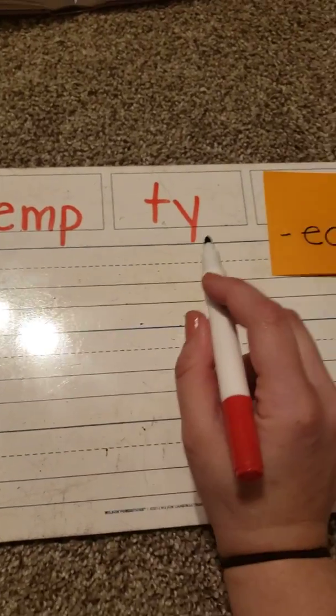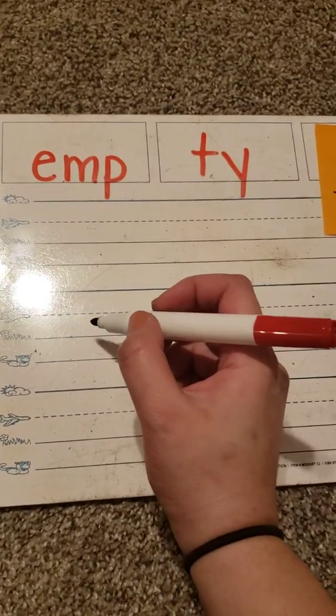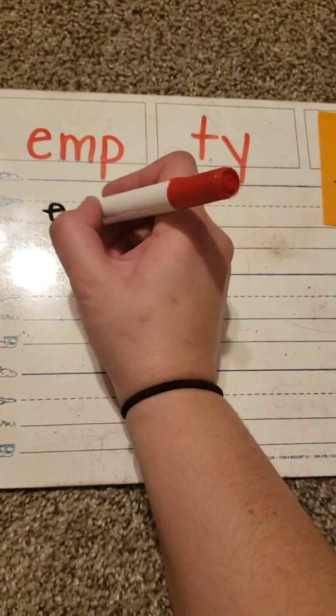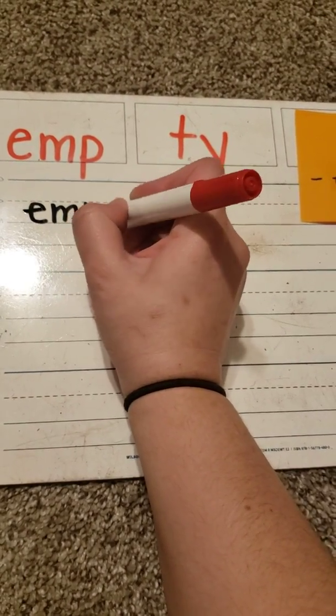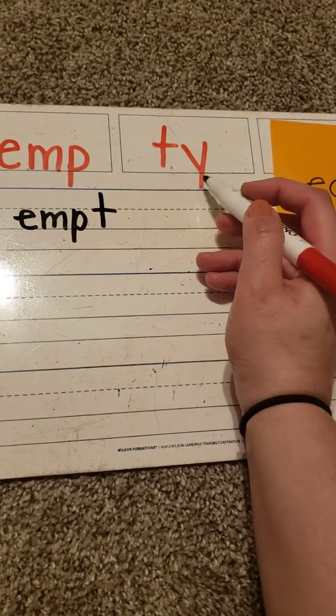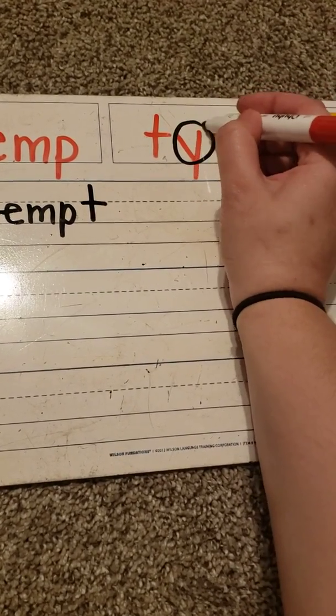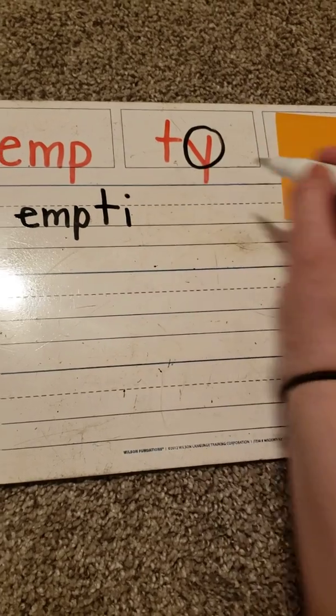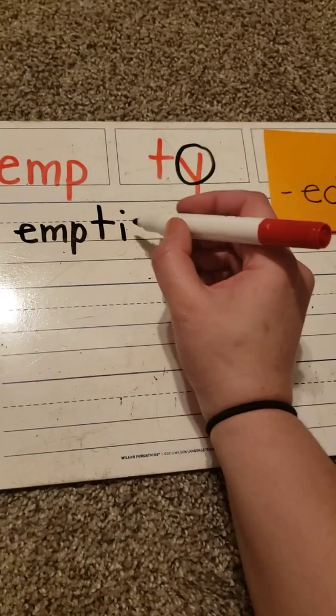When I rewrite this, it's going to be emptied. I'm going to write E, M, P, T, but instead of putting that Y, I'm going to change it into an I, and then put the suffix at the end.